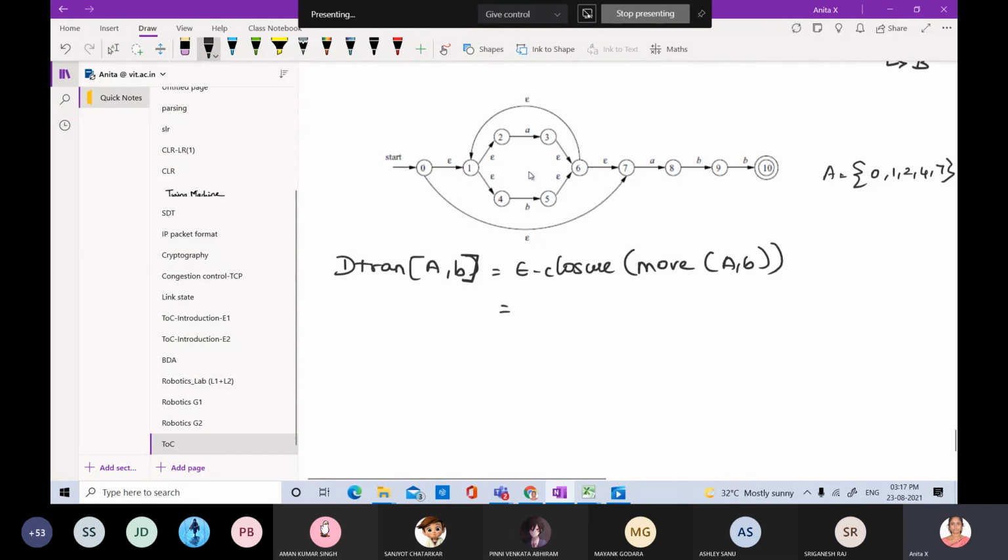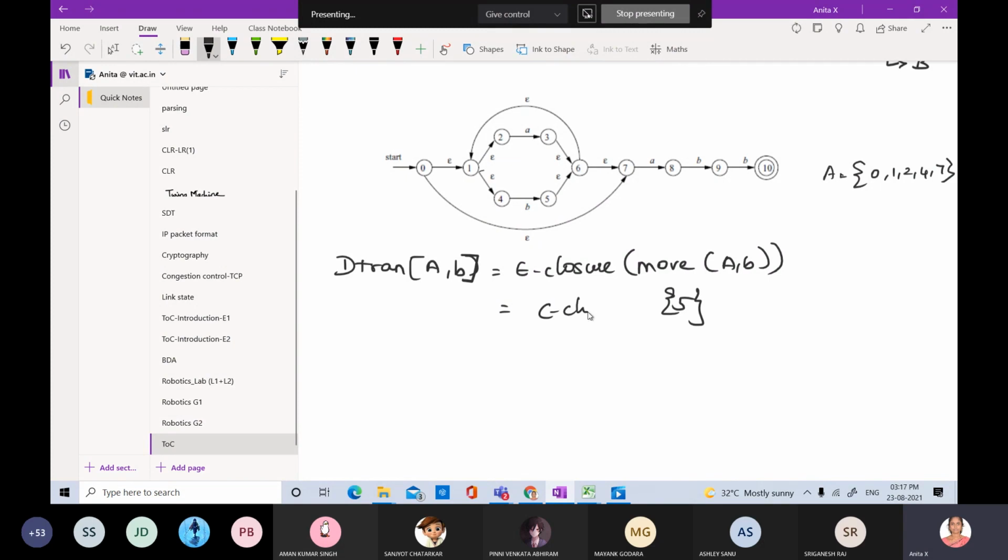Okay. So from 0, is there any transition on B? No. From 1, no. From 2, no. From 4, I'm having a transition on B, right? Yes. So I'm having a transition to 5. Next comes 7, there is no transition, right? So move of A comma B will have only 5.